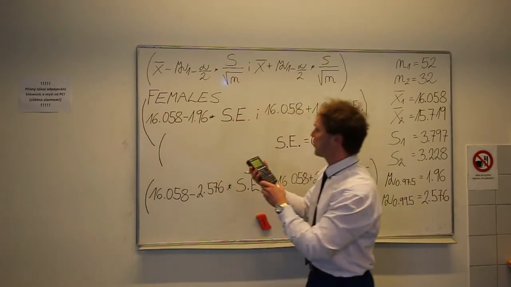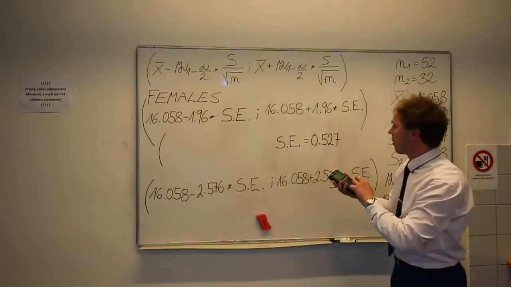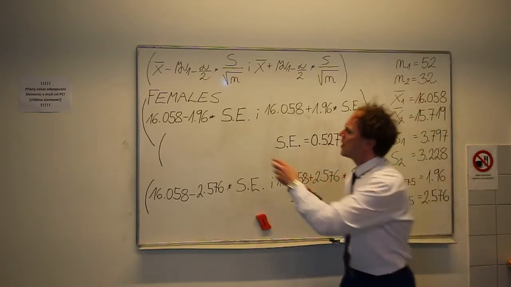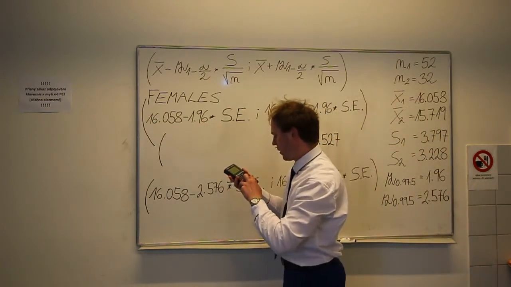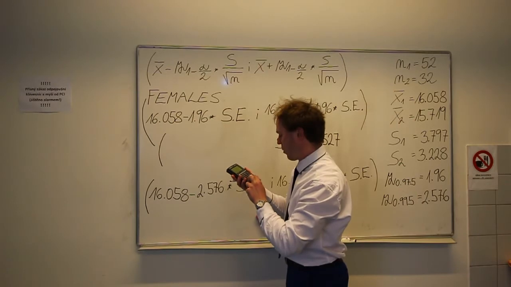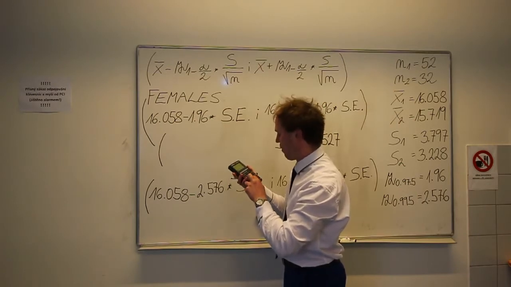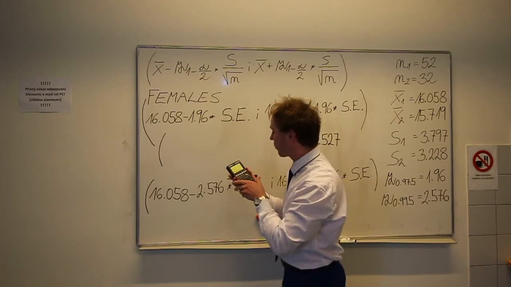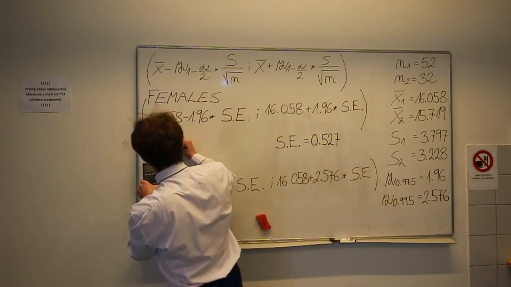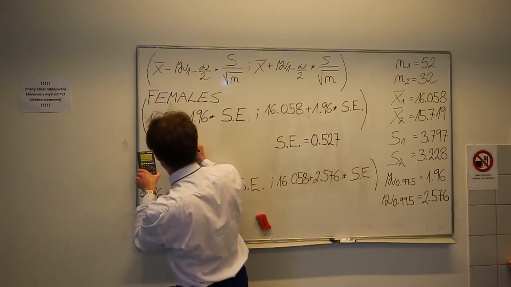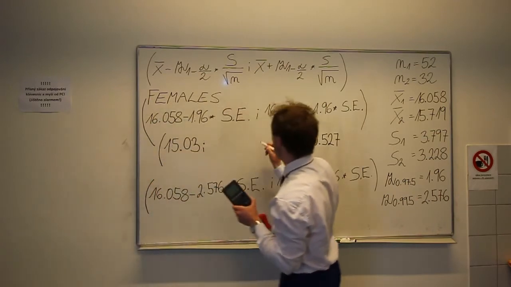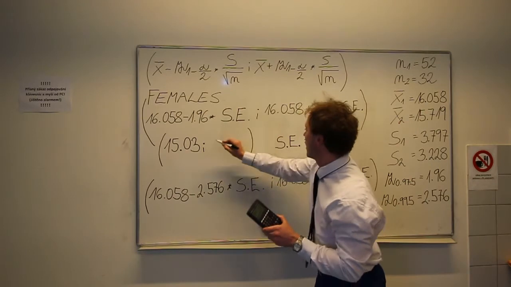So the left side, sample error 0.527 times 1.96, and now 16.058 minus this value, 15.03, for example, only because I need a space here.